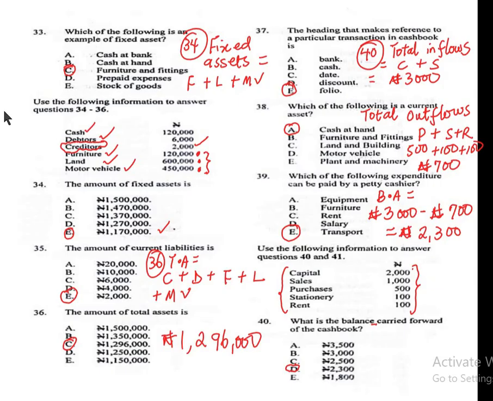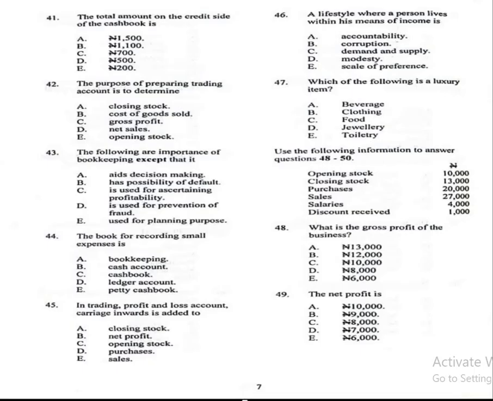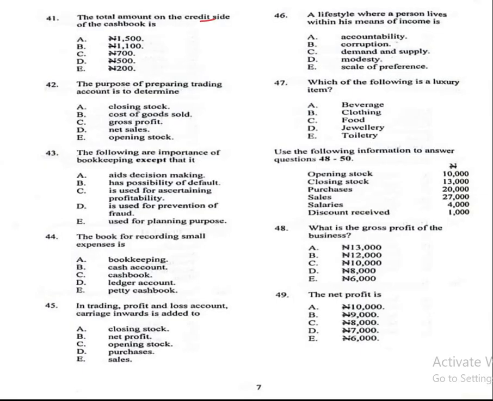Alright, let's go over to question 41. Question 41 says the total amount on the credit side of the cash book is what? I'm going to reference the information there. When we talk about credit side, it simply means expenses.